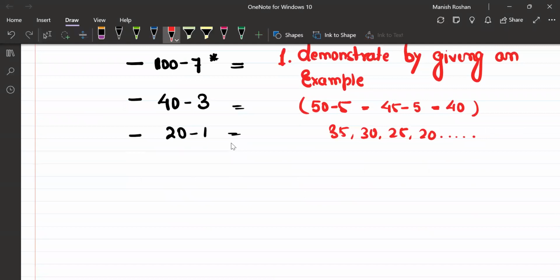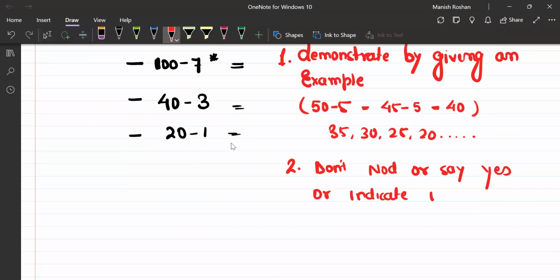Second, don't nod or say yes, or indicate whether the answer is correct or not.